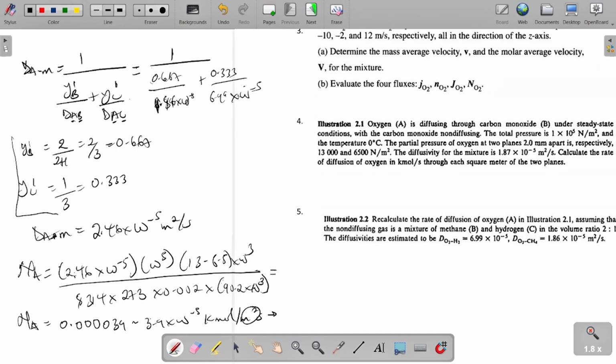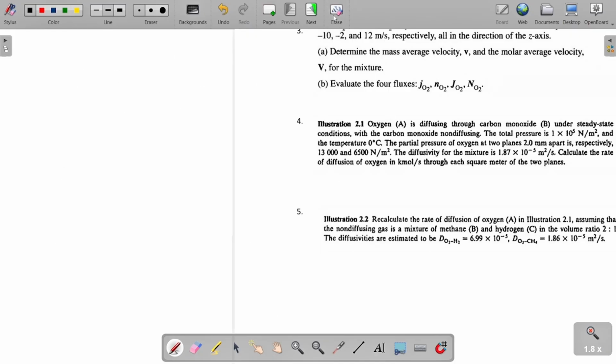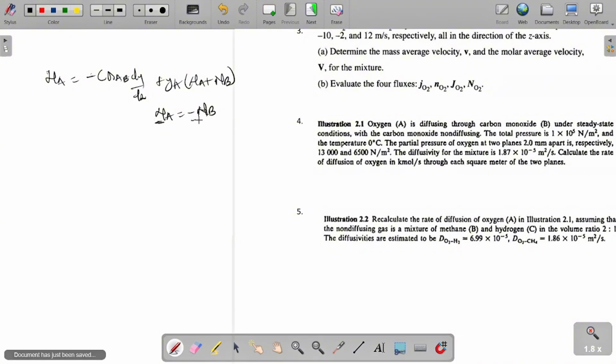This same question can be posed in such a way that, based on the equation that I built from the top, NA equals minus C DAB dy/dz plus yA times NA plus NB. It can be equimolar counter diffusion, which means the flux of A is the negative of the flux of B, with the same composition.